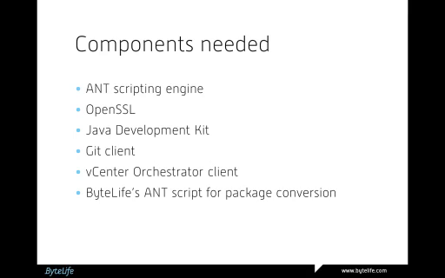So the first component that we need is the Apache Ant scripting engine, which is a free tool, can be downloaded from the web and is easily installable to your workstation. Then we need OpenSSL, the Java development kit, which should also be pretty familiar for most people.